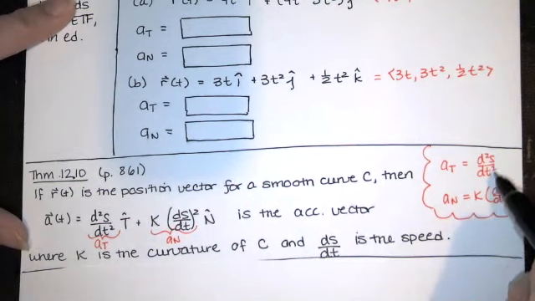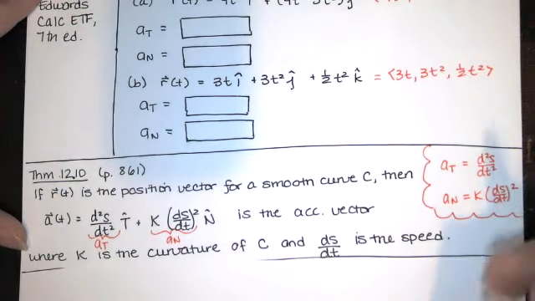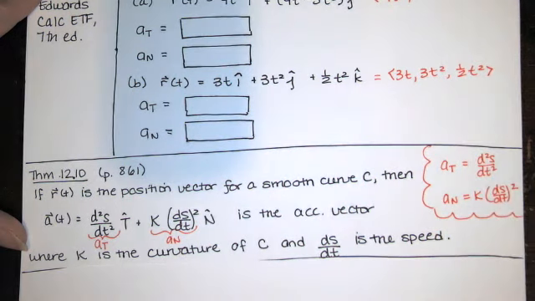I was saying this was position, but that's not position. r of t is a vector, that's position. This is actually distance traveled along the curve. So this is a second derivative of distance traveled along the curve with respect to time, or the first derivative of speed, not the first derivative of velocity.